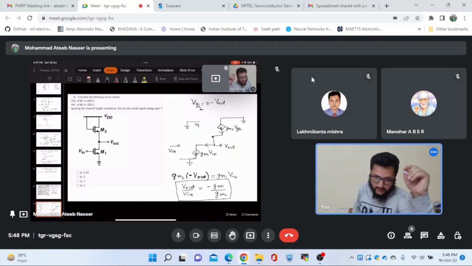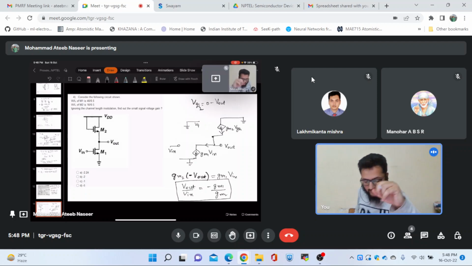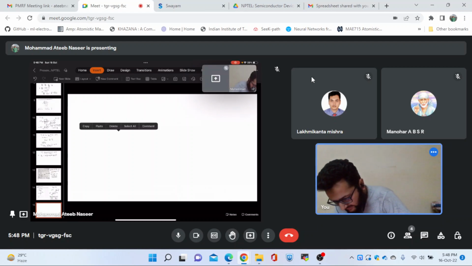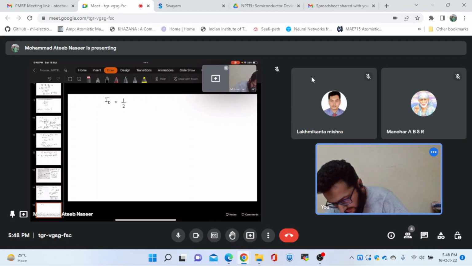Now we have to be careful over here. Since the current is constant in this circuitry, we need to get this in terms of factors which have current as a common factor, so that we can cancel out that current prefactor. We know if we have a MOSFET in saturation, its current equation will be given by ID equal to 1 by 2 W by L mu n C ox (VGS minus VTH) square.